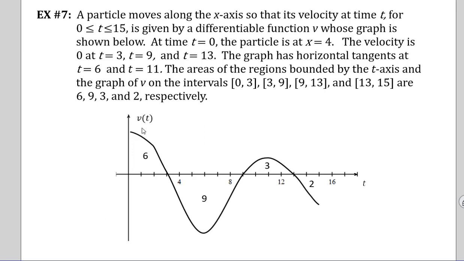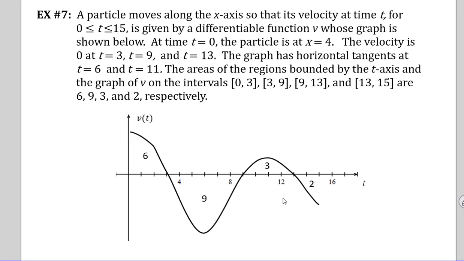So we've got the graph of velocity. At time t equals 0, the particle is at x equals 4. So this tells us something about the position of the particle, not the velocity. The velocity is 0 at t equals 3 and t equals 9. We can see that on the graph.